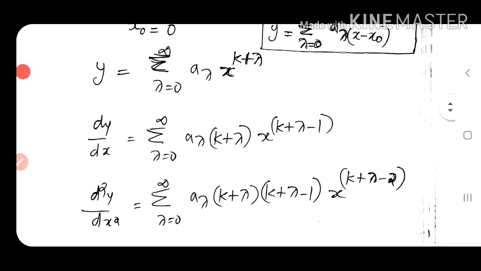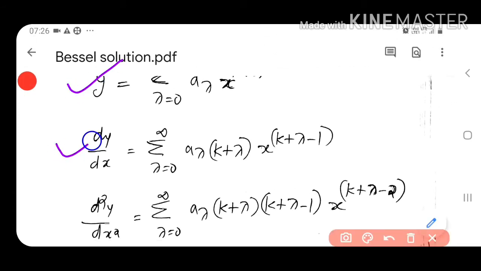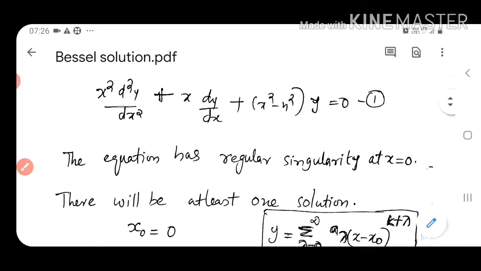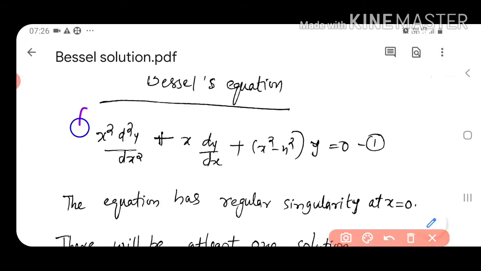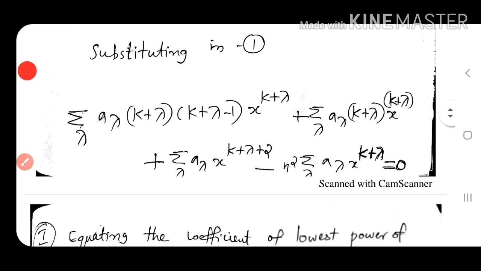So this is y, this is dy by dx, and this is d square y by dx square. This we substitute in this equation. We substitute here for d square y by dx square, we substitute for dy by dx, we substitute for y. So as we substitute, we will be getting this.